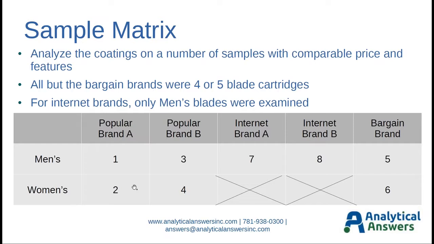They were all 4 or 5 blade cartridges. I also analyzed for comparison 2 internet brands and 2 bargain brands where you can get 10 or 12 twin blade razors for just a couple of bucks. And so it'll be interesting to see how the much more expensive popular brands compare with the internet brands and with the bargain brands.